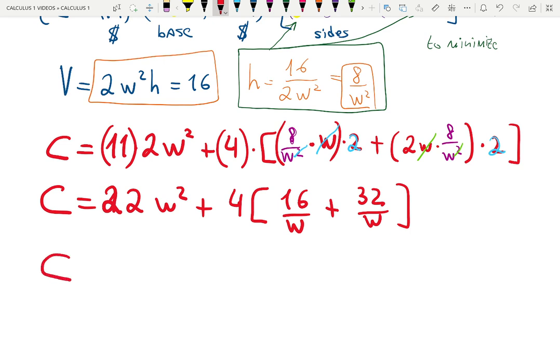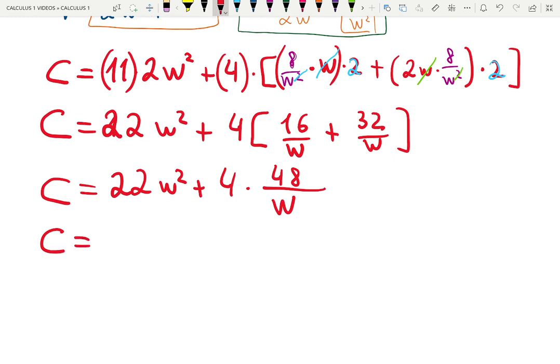Let's finish. C equals 2, 22w squared plus, we have now 4 with common denominator w. 16 plus 32 is 48.